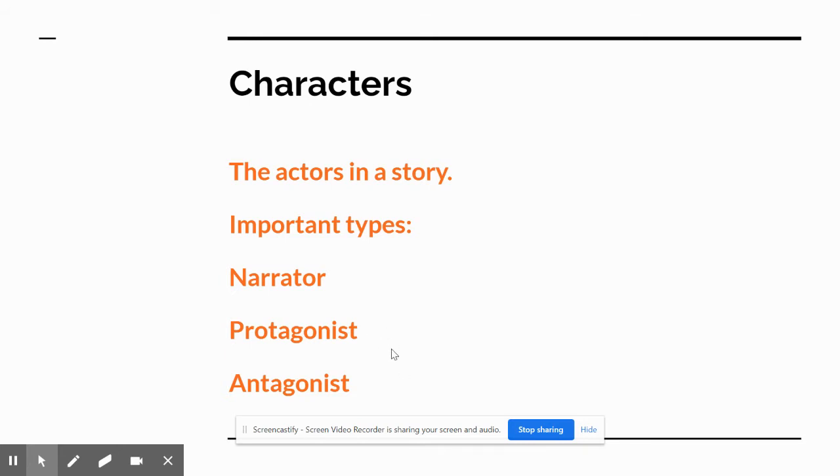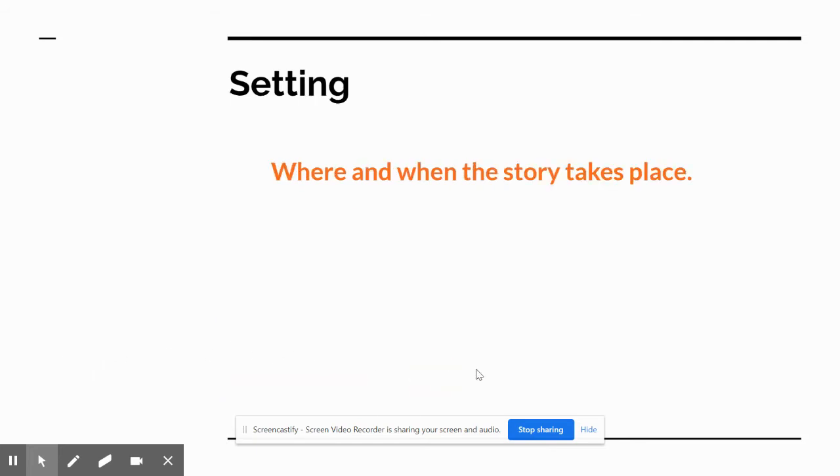You might just be having characters against one another, especially if you have certain types of conflict. I'll share an example of that further on. All right, the setting is really simple. That's where and when the story takes place.